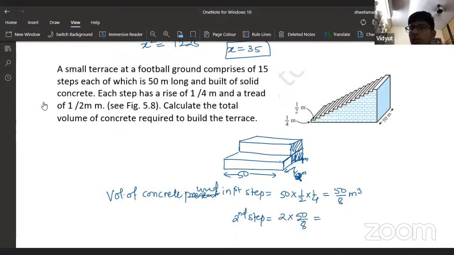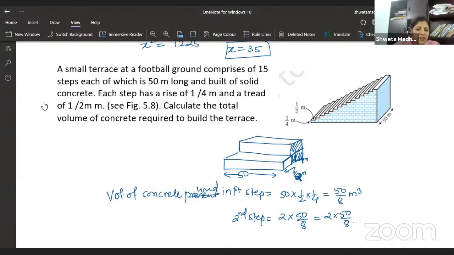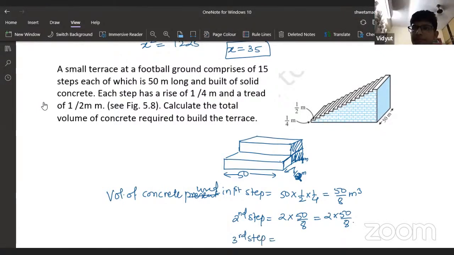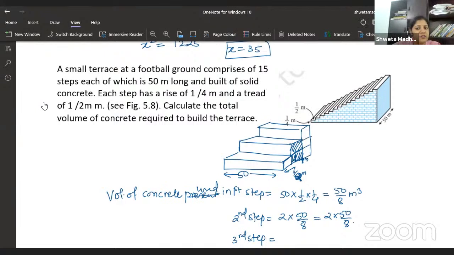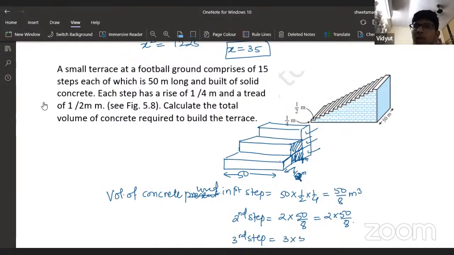Don't make it 50/4, so keep it as 2 into 50/8. Then the third step will have 3, there will be one more like this. So there will be totally 3 cuboids: this is one cuboid, second cuboid, third cuboid. So the volume in the third step will be 3 into 50/8 meter cube.